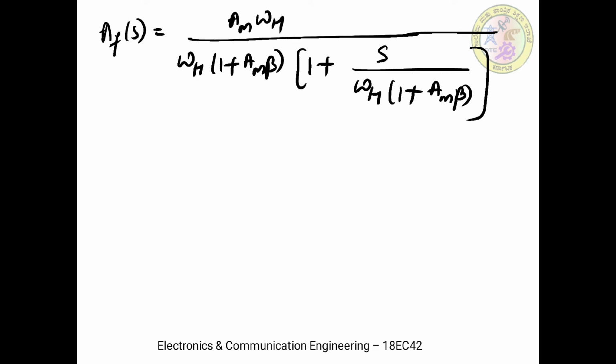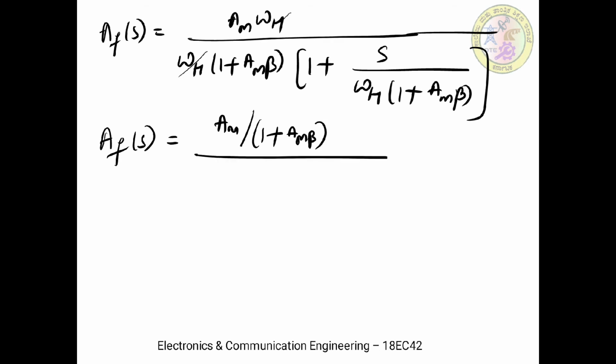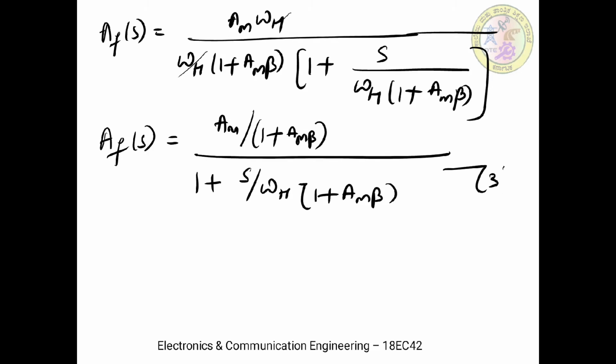So further simplification will give us AF of S is equal to AM divided by 1 plus AM beta, whole divided by 1 plus S divided by omega H into 1 plus AM beta. Now this we will take as equation 3.